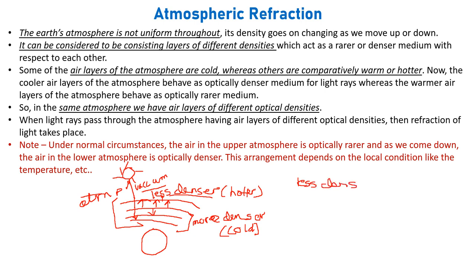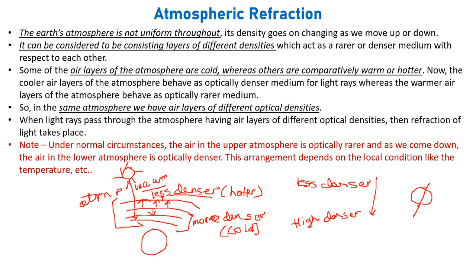to the more dense medium, right? Besides that, there is one more physical property of gas. Gas doesn't remain stable. It keeps moving. And we also know that the earth is rotating around itself.